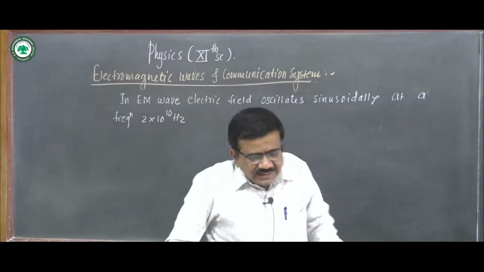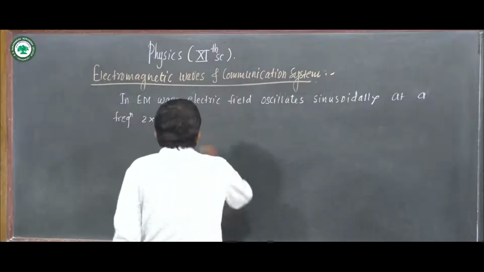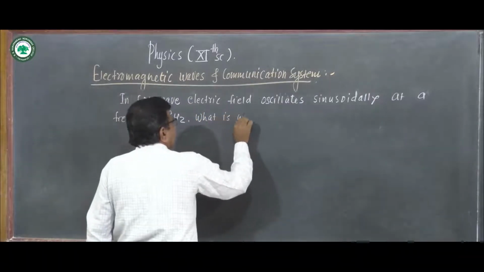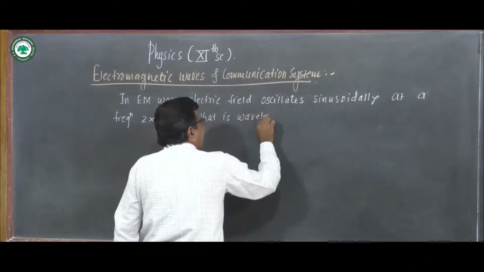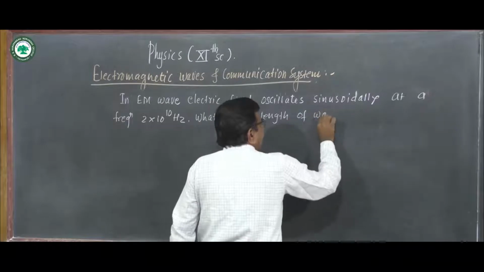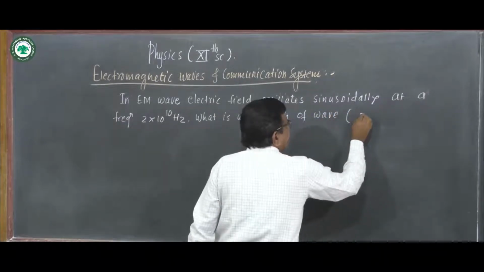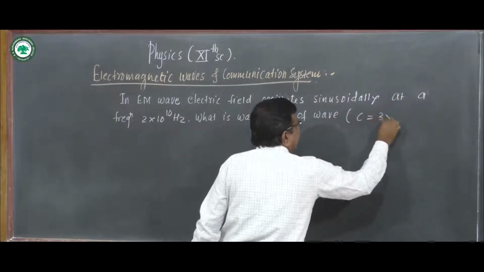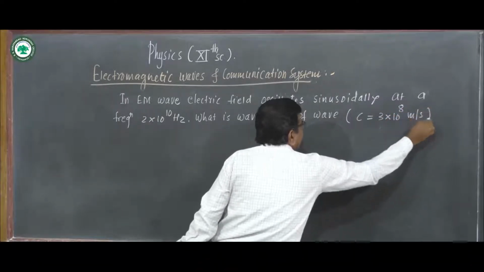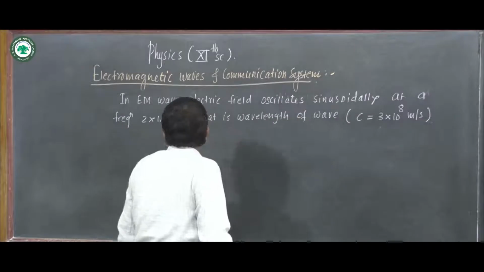What is the wavelength of the wave? Wavelength means we have to find lambda of the wave, and we know the speed of an electromagnetic wave is the same as the speed of light, that is 3 into 10 raised to 8 meter per second.